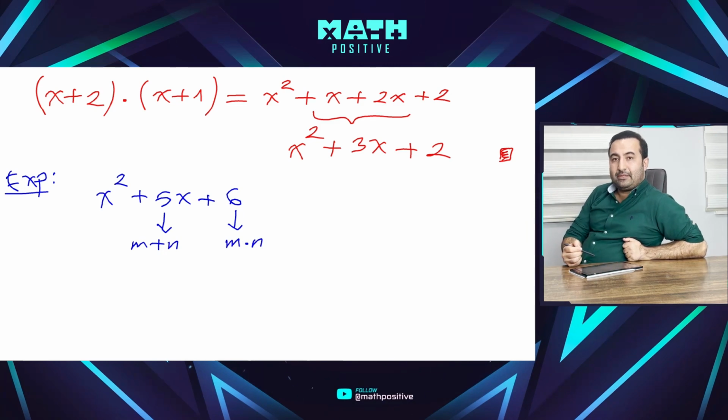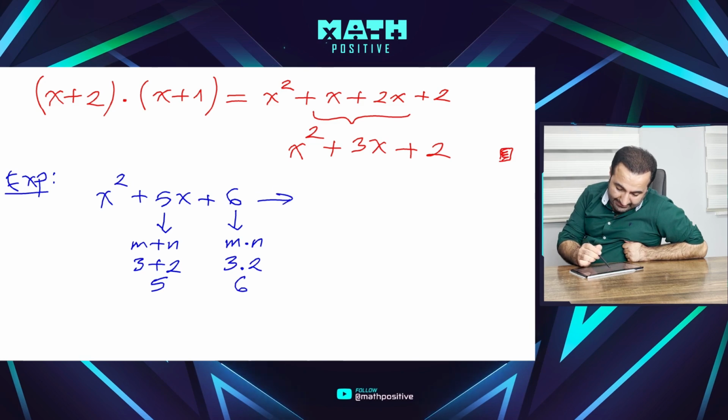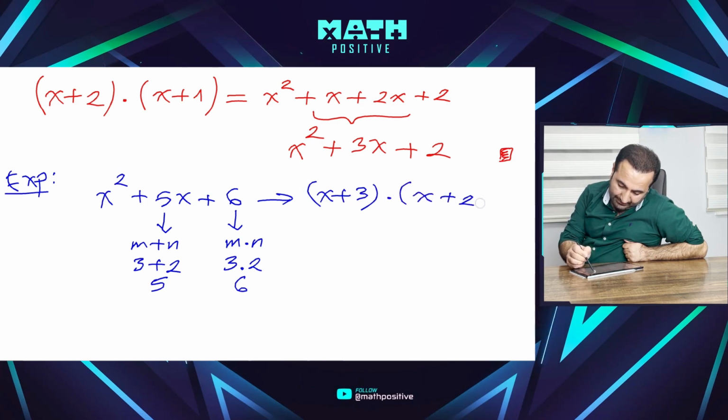These two numbers are 3 and 2. Then we have 3 plus 2 equals 5 and 3 times 2 equals 6. Our expression will be factorized as x plus 3 times x plus 2.